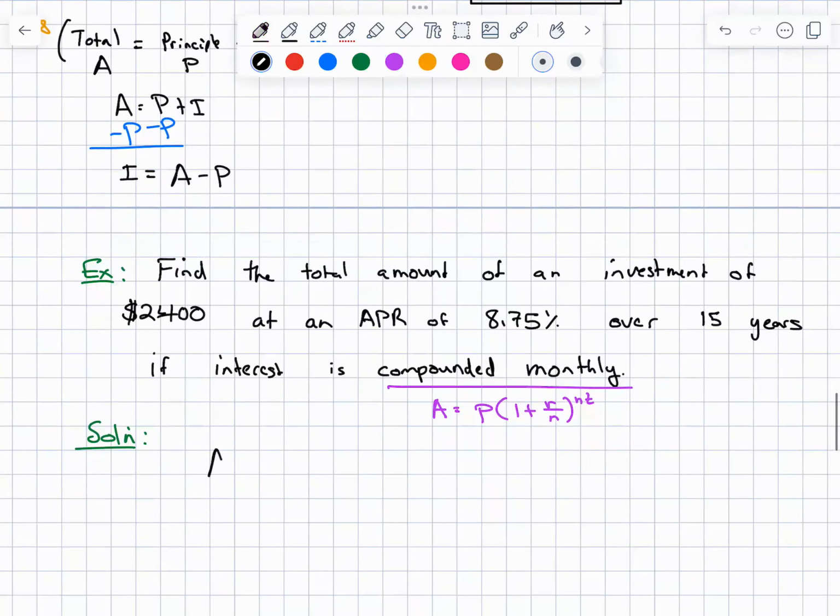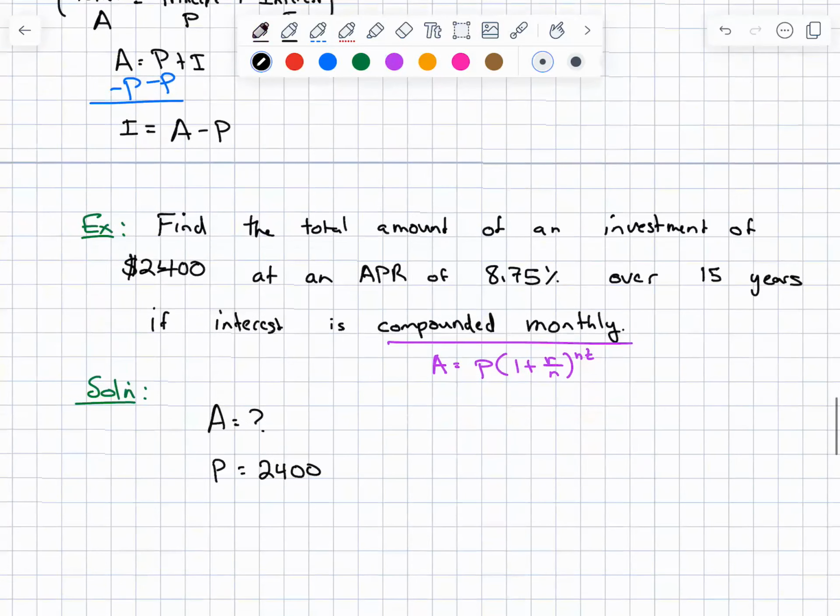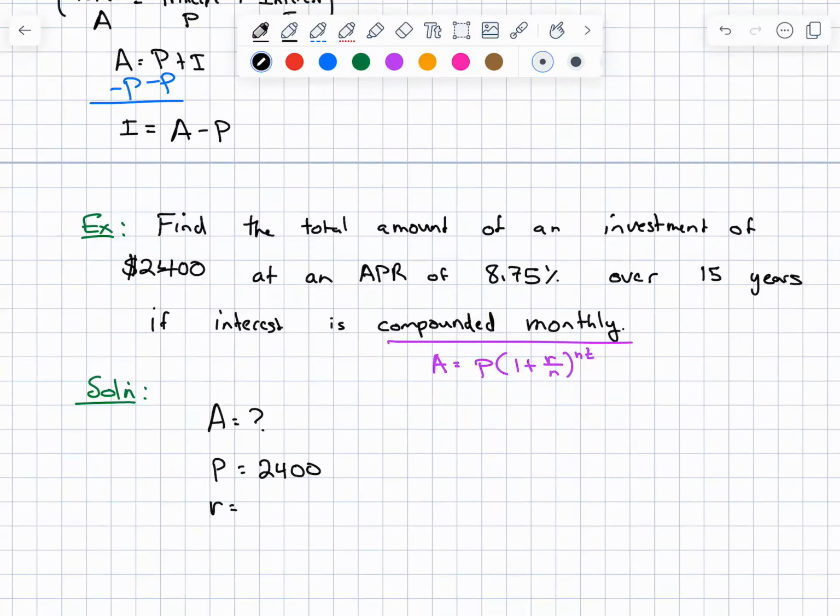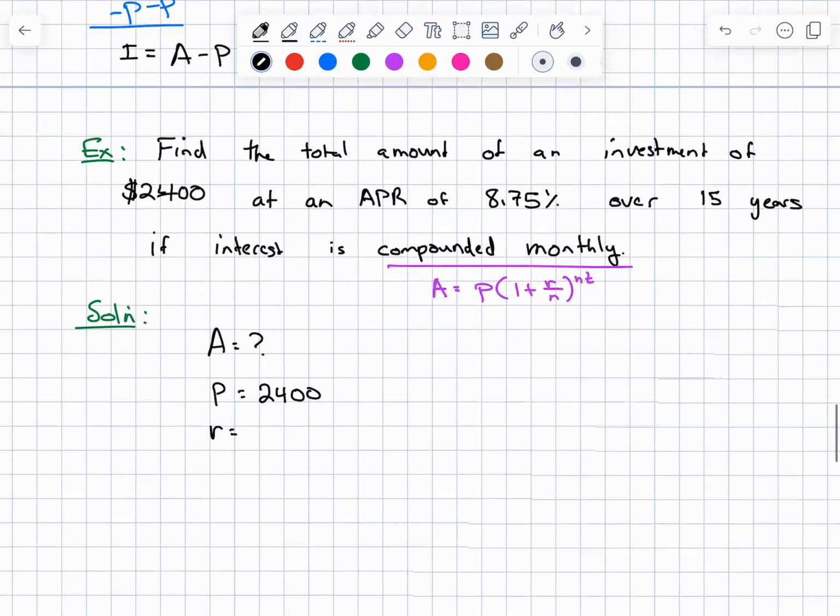So A, we don't know. We want to find the total amount. P, we do know: 2,400. R is our APR, so that's 8.75%, but we want it in decimal format, so 0.0875.